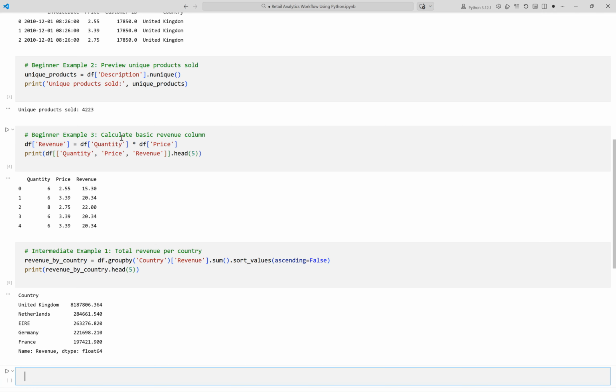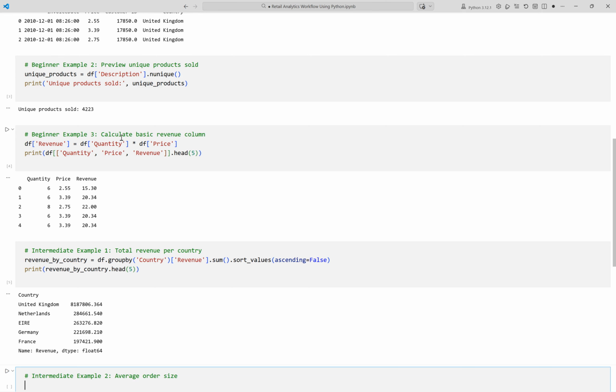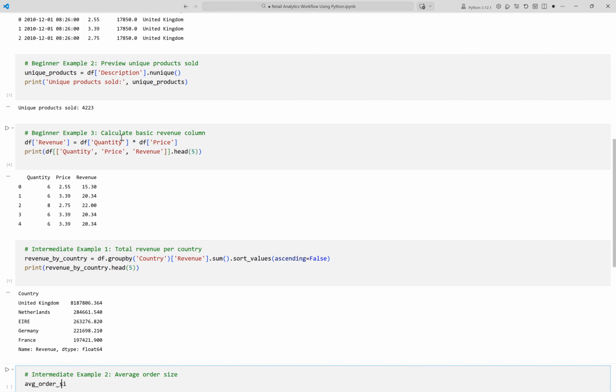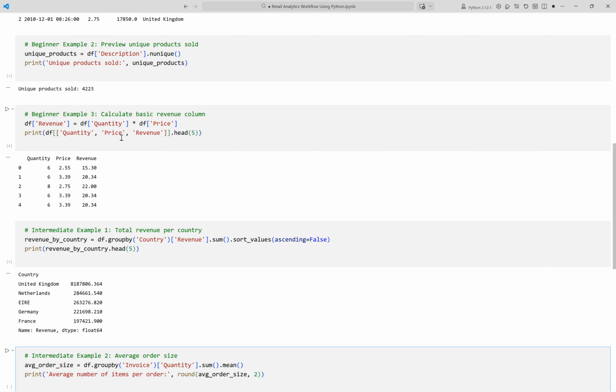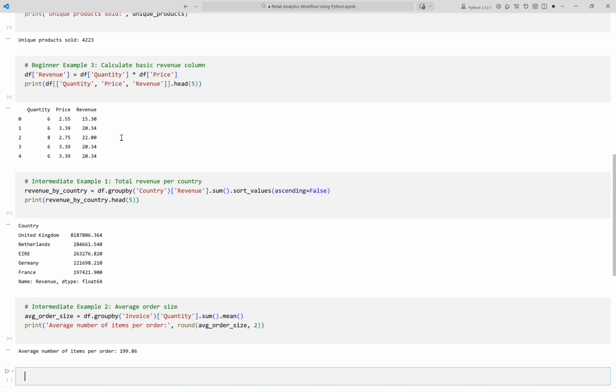Store managers want to know how much customers buy in each order. We aggregate the quantity for each invoice, then get the mean over all orders. We print the average number of items per order, rounded for clarity. Running the cell now. This output shows the average number of items sold per order, calculated by summing quantities within each invoice and then averaging across all orders.